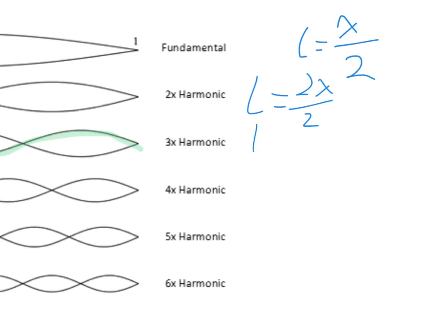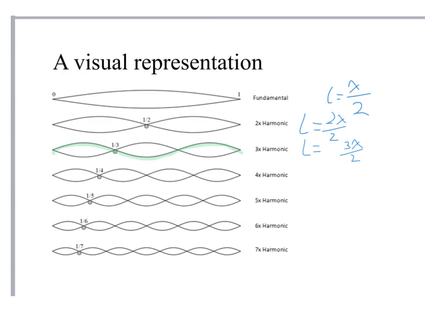So we can say that the length is equal to 3 times the wavelength over 2, 3 over 2 being 1.5 wavelengths. Perhaps you might be seeing the pattern now. But for an open string, the wavelength times the harmonic number divided by 2 will give you the length.